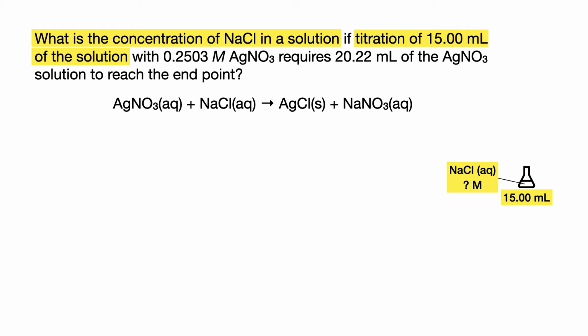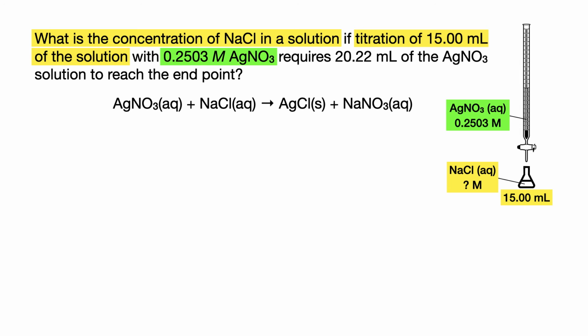Now I'm going to switch to a different highlighter and continue, and we're titrating the sodium chloride with a 0.2503 molar solution of silver nitrate. So this is the substance B that we're adding to determine the amount of the sodium chloride that we've got. And so we're introducing this second solution.